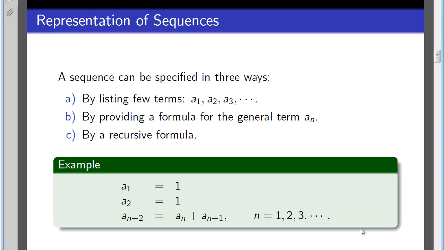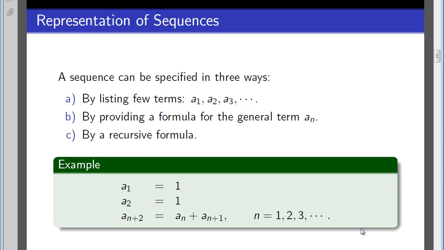We specify sequences in general in 3 ways, either by listing a few terms, or by providing a formula which is the general term of the sequence, or recursively, that is by a recursion formula. But in this case we have to define a finite number of terms of the sequence, where in the example a sub 1 and a sub 2 are defined, that is, given values.